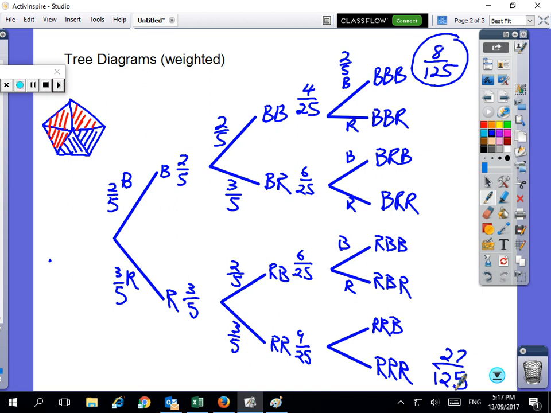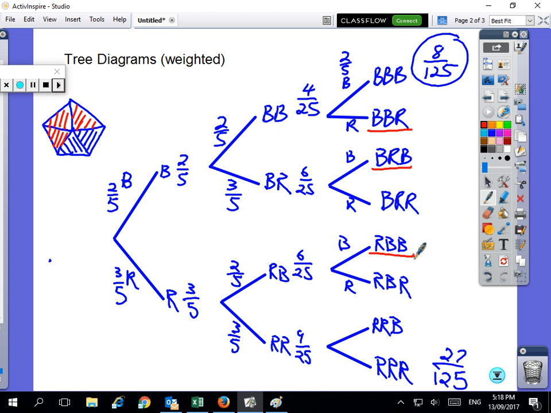And if you got asked, say, what's my chance of getting exactly one red? I'd just go through and underline. There's one red. There's one red. And is there not another one that has just one red? Red, blue, blue, there it is, yes.